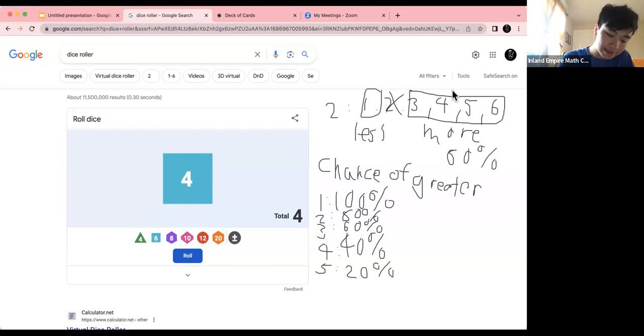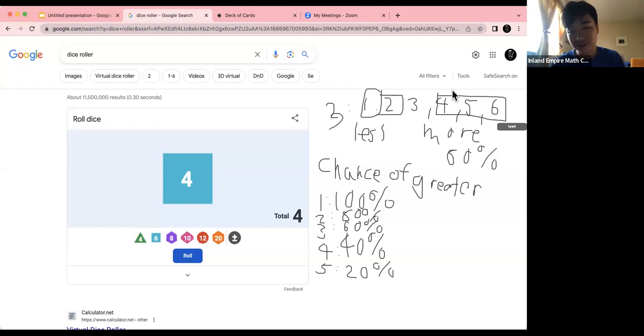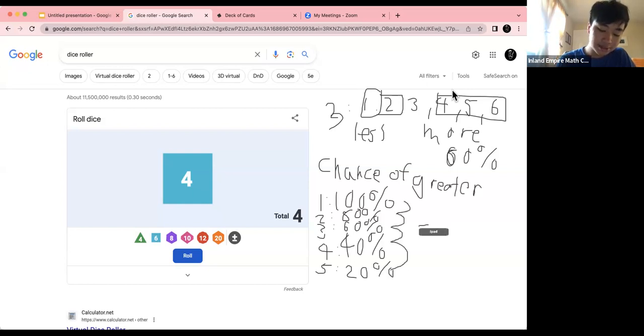As we move up, if say this was 3, then less would gain 1, since 2 is less than 3, and more would lose 1, since 3 has now become the same as the first roll, which means that it's going to be 60%. That 80% already kind of looks like a 60%. But if we notice a pattern here, every time we go down, it's going to decrease by 20%.